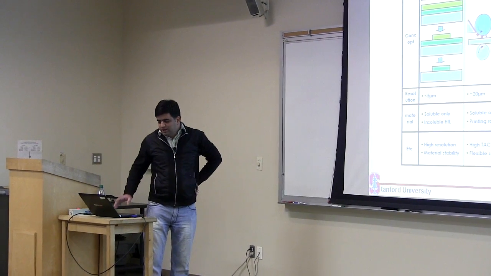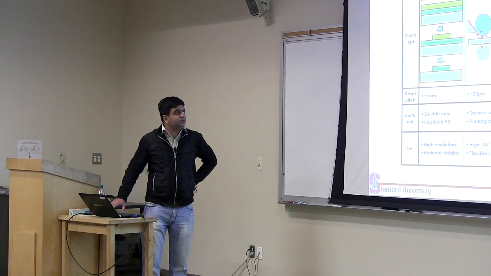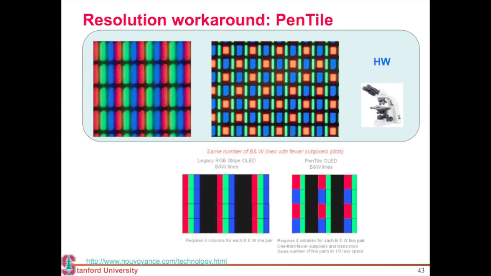But in between, what have people been doing right now? Samsung has been shipping displays for a while, and they claim it's a retina display as well. What they have been doing is leveraging our knowledge of human vision and fooling our eye. I highly encourage you to do this as an exercise.